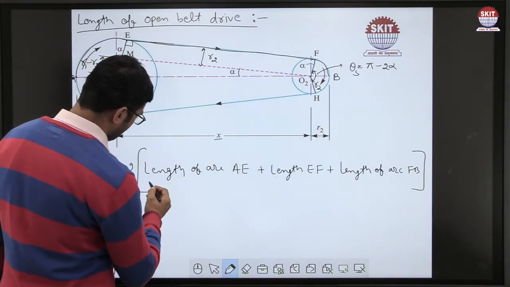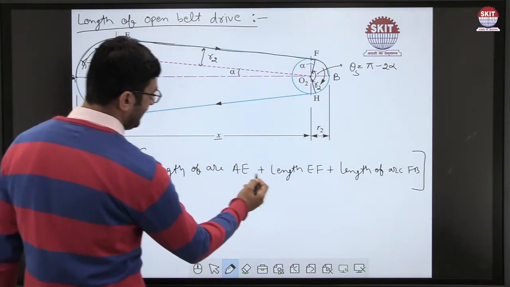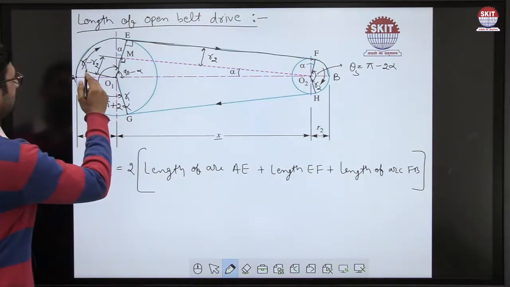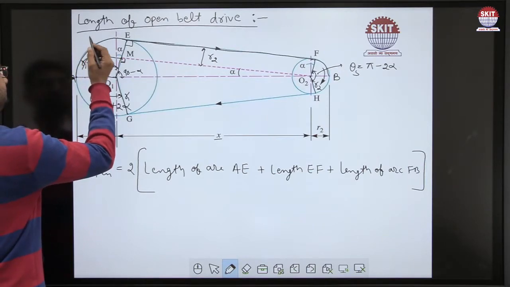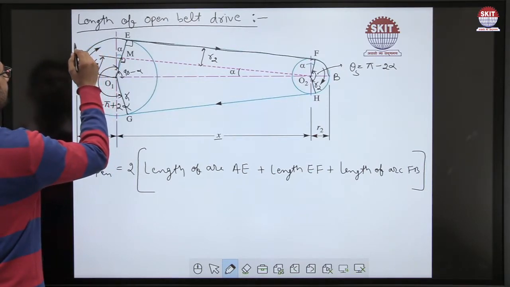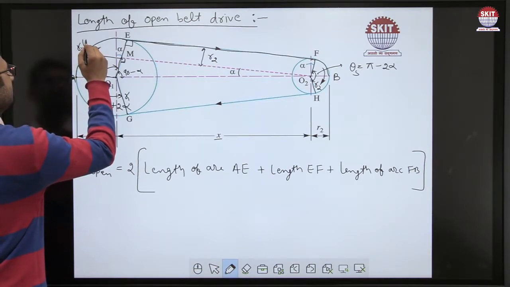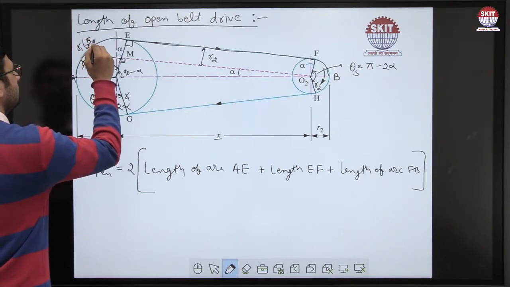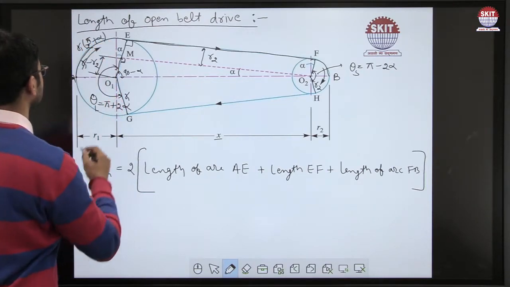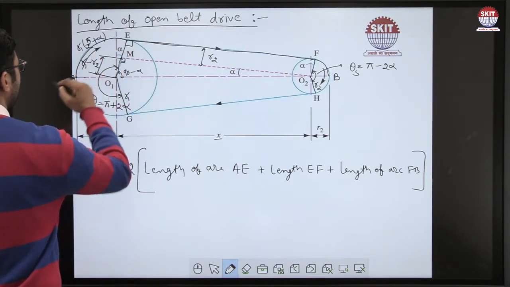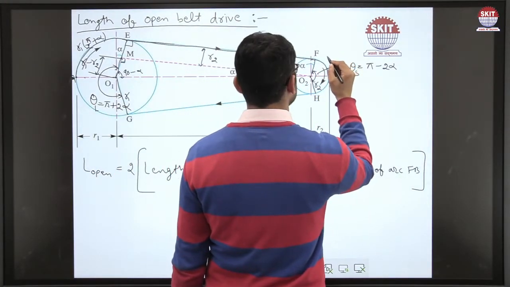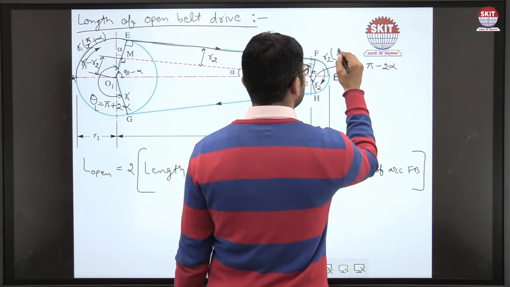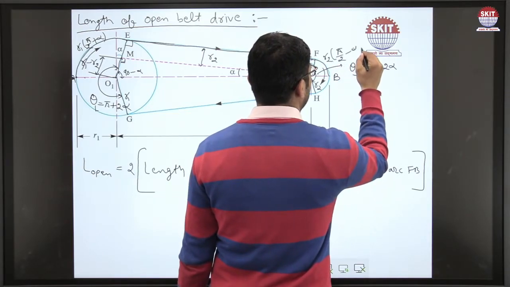Now we find out three different lengths: length of arc AE, length EF. Length of arc AE is equal to R theta. R is R1 and theta is pi by 2 plus alpha. This is the length of the arc AE, and length of arc FB is equal to R2 times pi by 2 minus alpha.